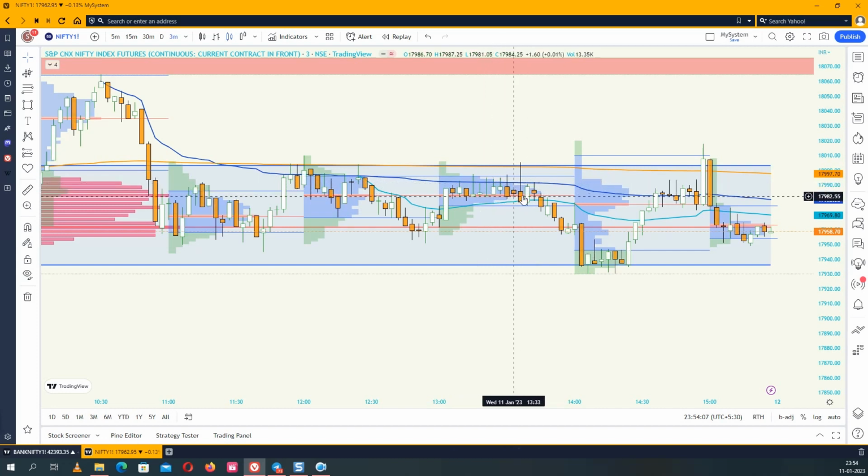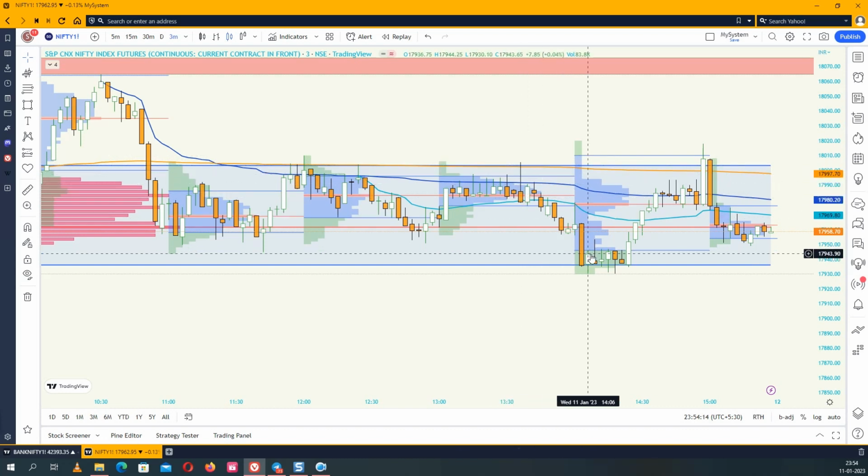So I was just watching. On that candle the market tried to go up, but was nicely rejected, and finally the market hit that value area low, and I booked that short trade here at value area low.